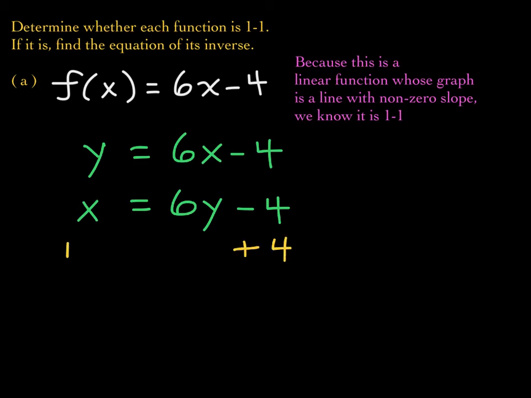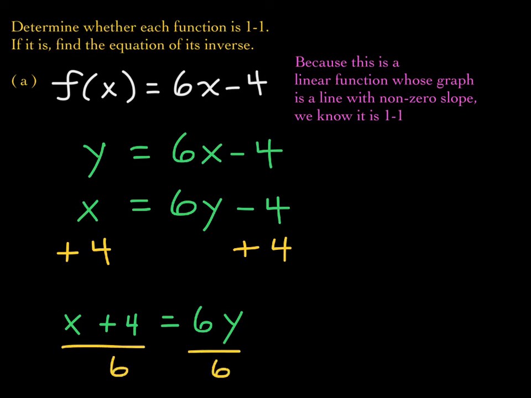So I'm going to add 4 to both sides, and that gives me x plus 4 is equal to 6y. And then divide both sides by 6. And then I have y isolated. Now I have y is equal to, because 6 divided by 6 is 1, y is equal to x plus 4 over 6.